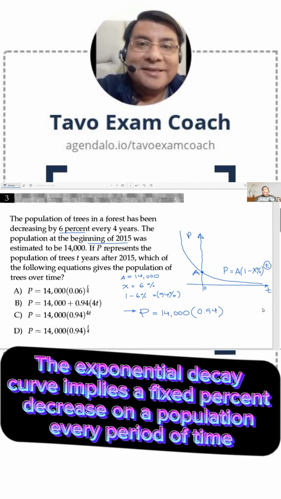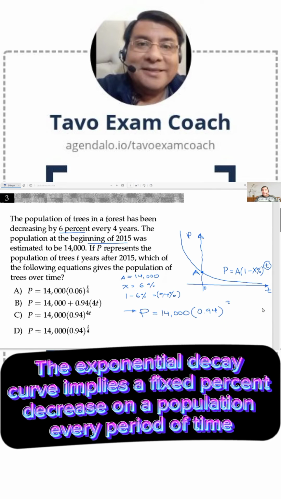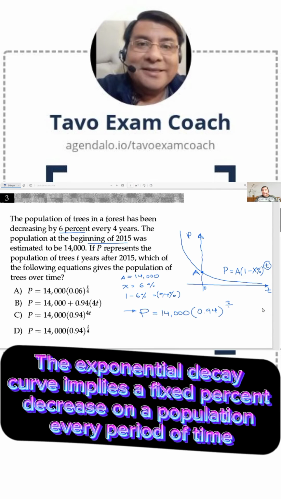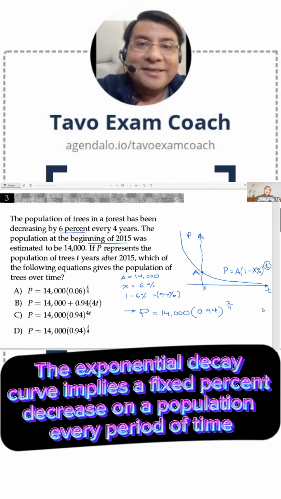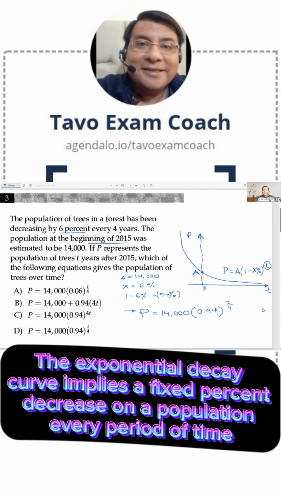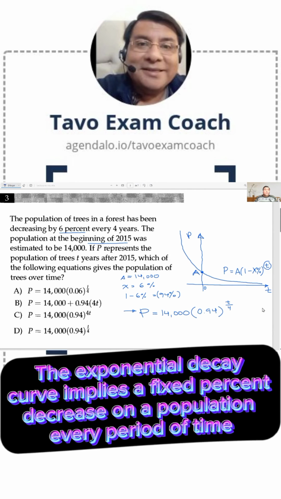Okay? It will occur once every 4 years. So T, the number of years passed, divided by 4. This will be the correct equation. Matches option D.